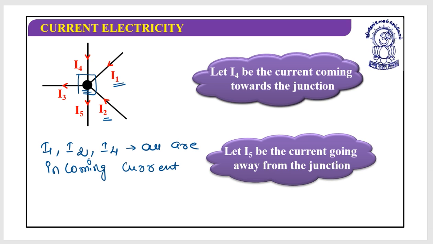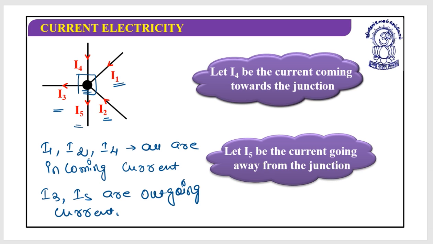The outgoing currents are I3 and I5, which are moving outside the junction.